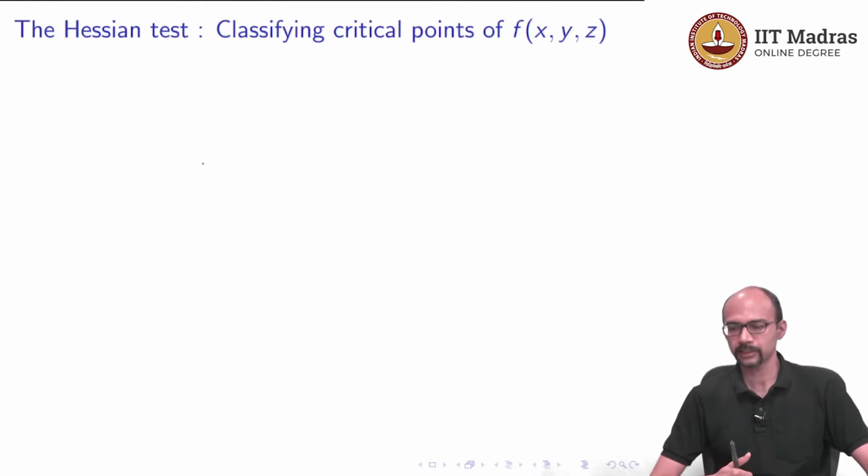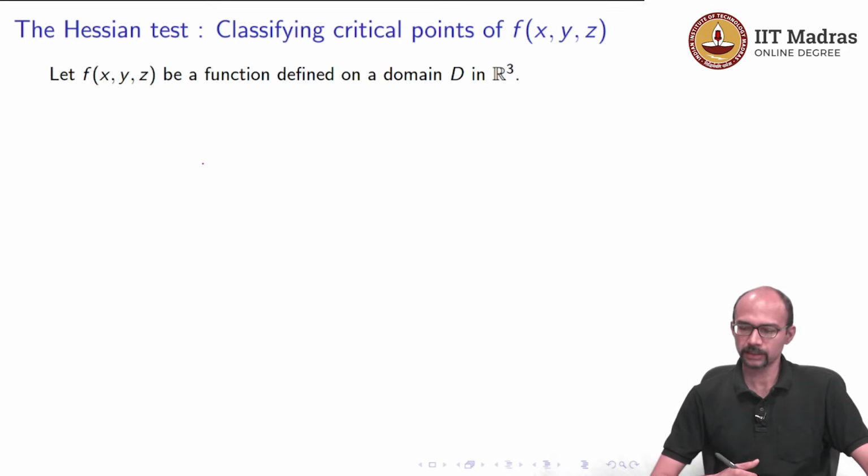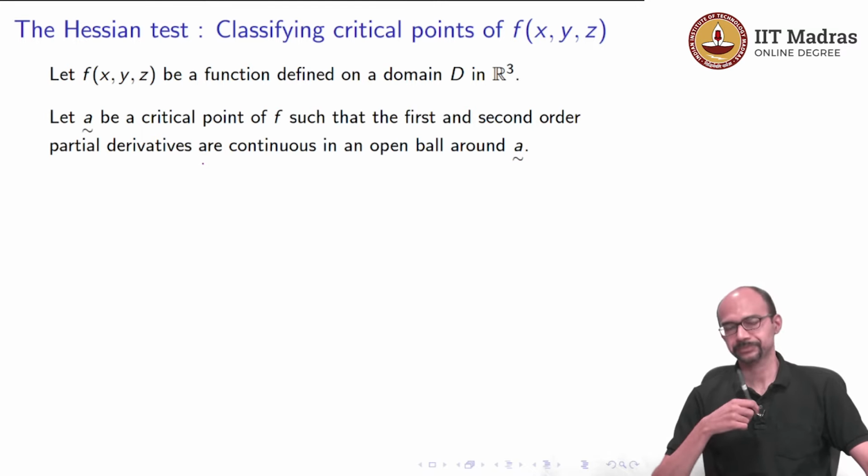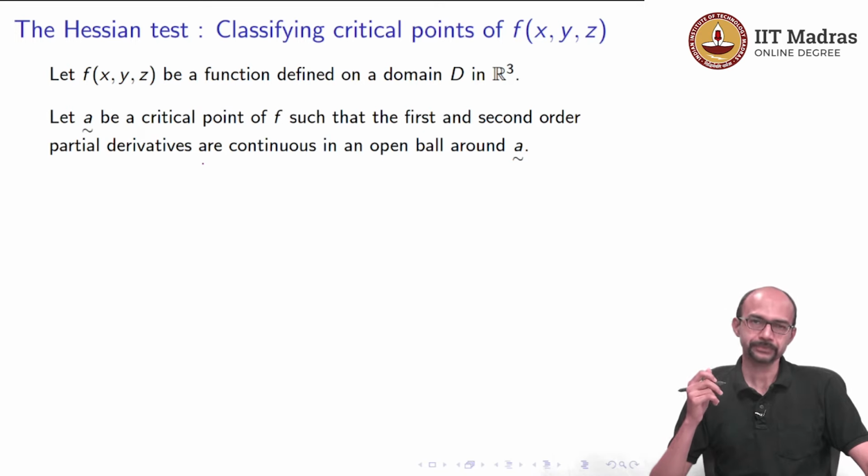So, let us see what the test is. Again, f is a function defined on a domain D in 3 variables. Suppose A is a critical point and the first and second partial derivatives are continuous in an open ball around A. I will remind you that now there are 9 second order partial derivatives: f_xx, f_xy, f_xz, f_yx, f_yy, f_yz, and then f_zx, f_zy and f_zz.